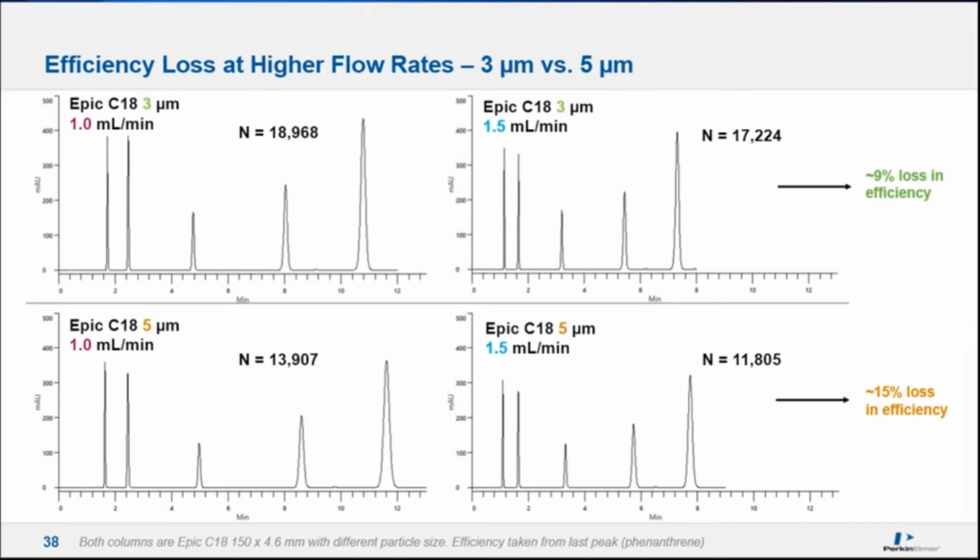However, if we look at the chromatograms in the lower portion of the slide, we can see that these are 5 micron particles. And again, at 1 mL a minute, we do get fewer plates, or a bit of a broader peak than we do on the 3 micron particles. However, what we see is a real difference if we increase our flow rate to 1.5 mL a minute: we have a 15% loss in efficiency, as opposed to the 9% loss that we see with the 3 micron particles.